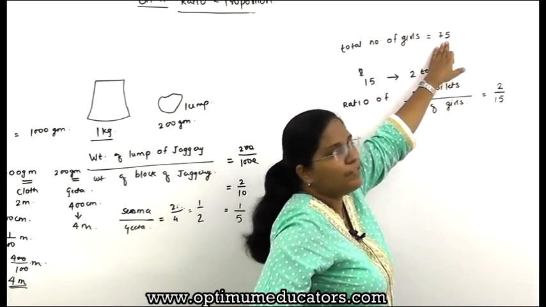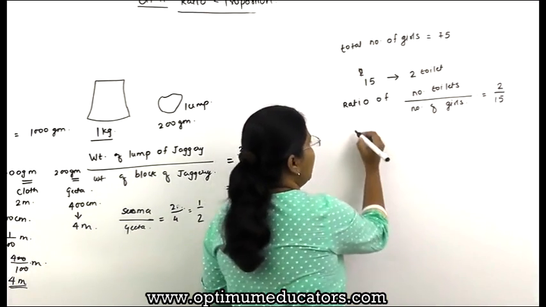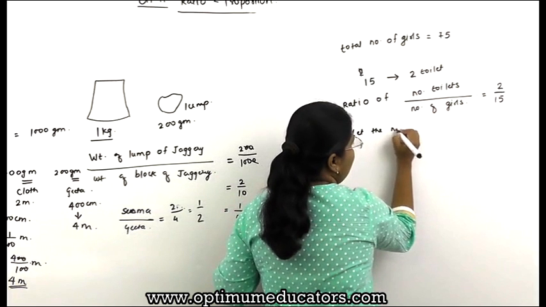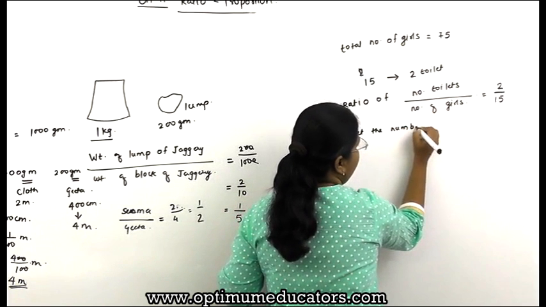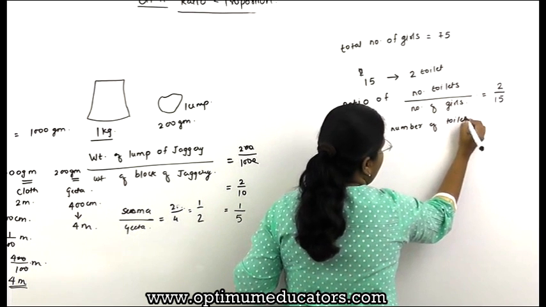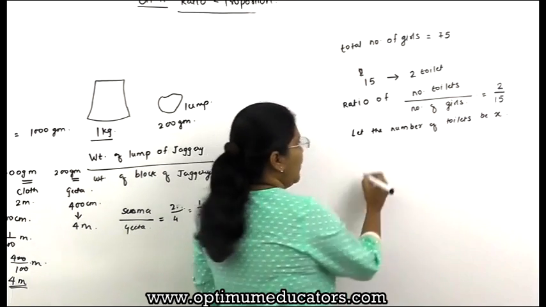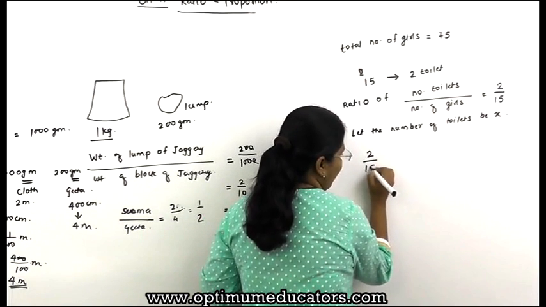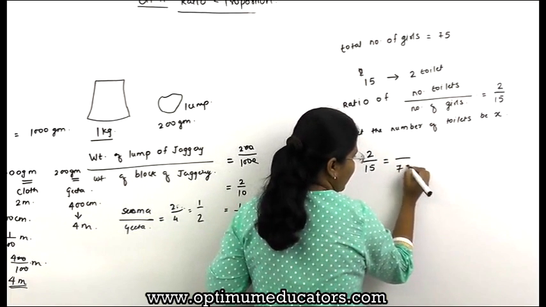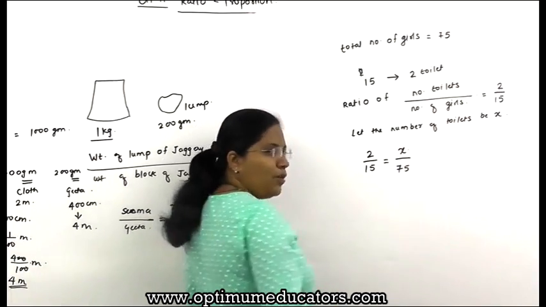The hostel has 75 girls. How many toilets should be built? Let the number of toilets be x. 2 is to 15 is my ratio, and now I have 75 such girls and I am supposed to find out this x, how many toilets.